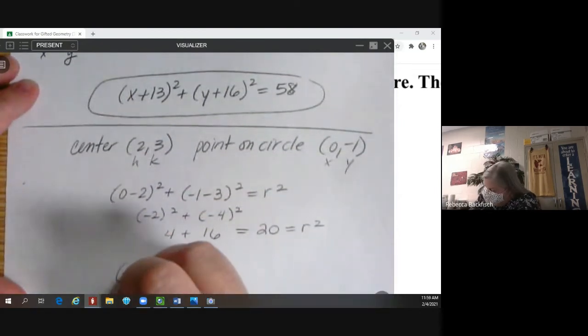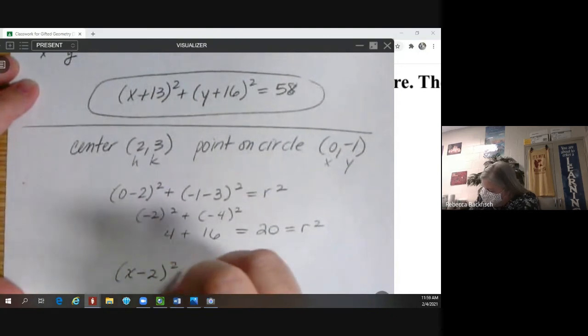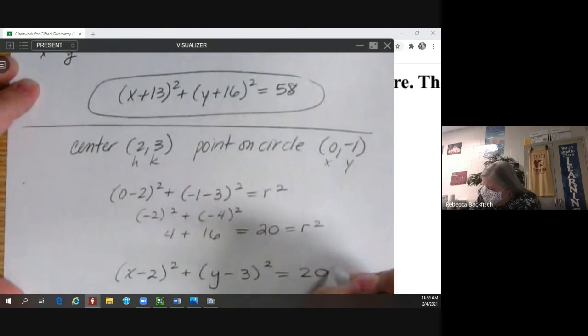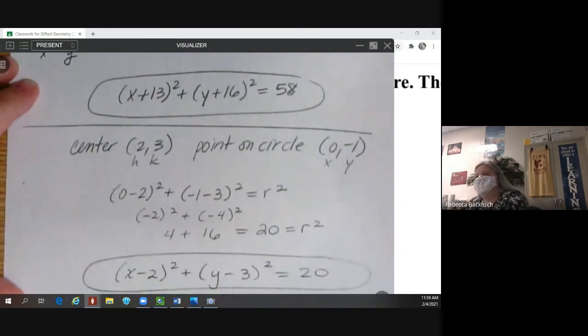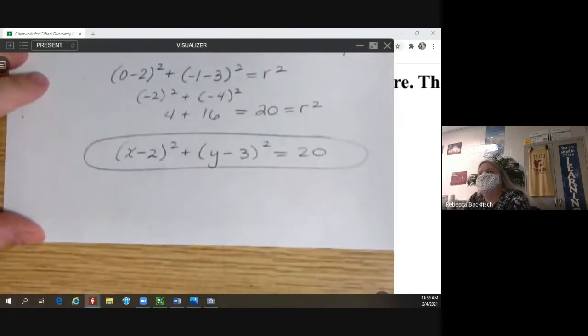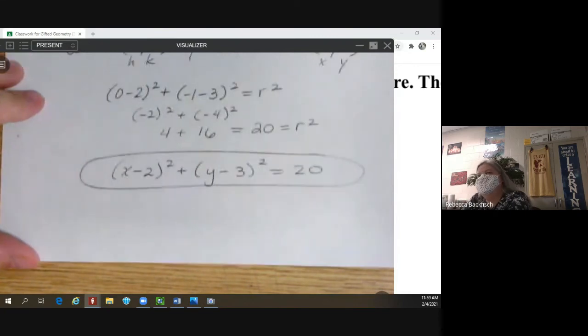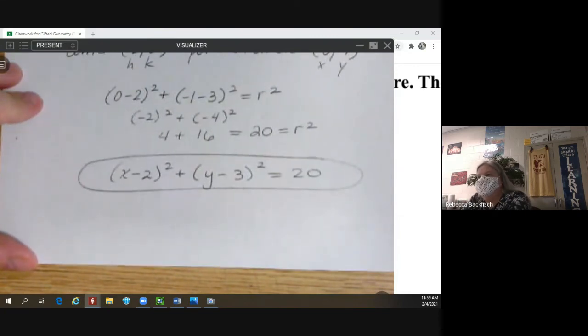So my equation is (x minus 2) squared plus (y minus 3) squared equals 20. Questions there?